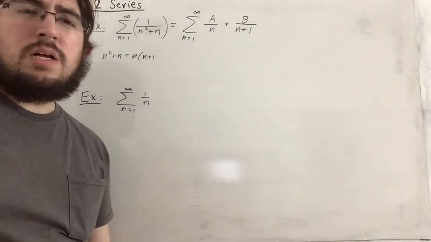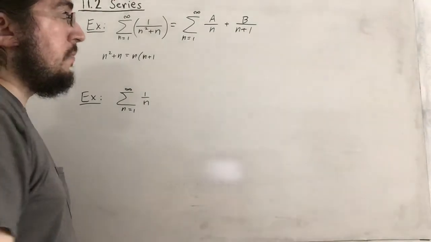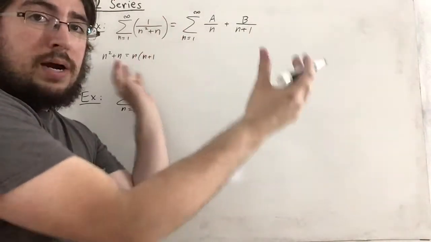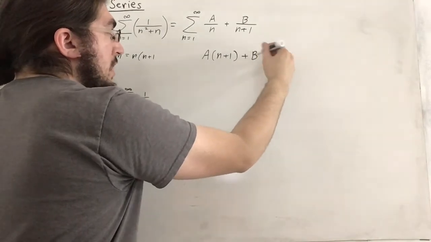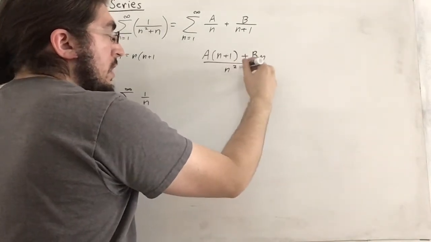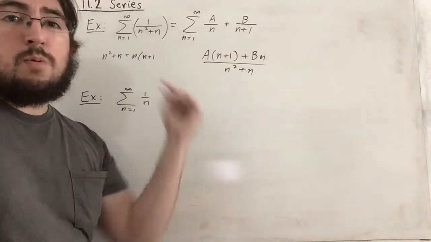And it doesn't actually take too long to figure out what these letters A and B are. In fact, if you combine them back into one, you get A times n plus 1 plus B times n, all over n squared plus n. We want the numerator to be 1.